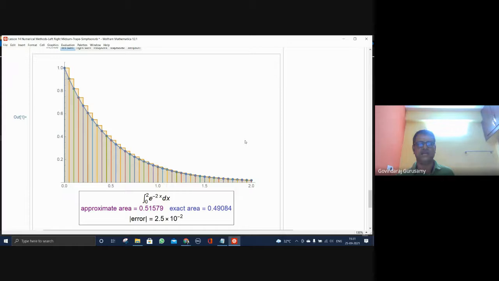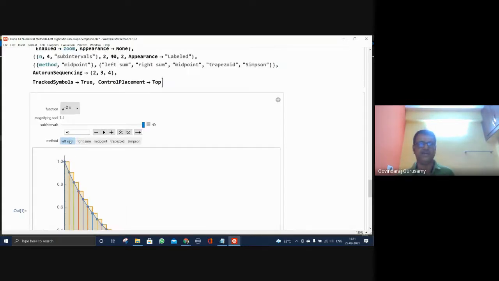It's calculating. See, when the number of data points goes up, the error will come down. Let's take only one method, for example, left sum alone. I start from 10 points for the computation.